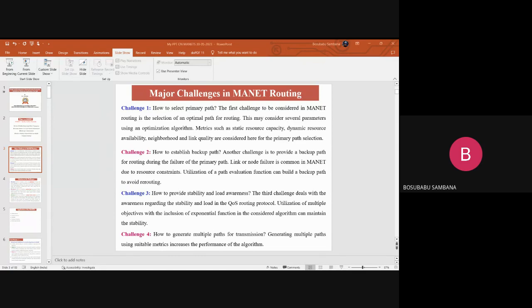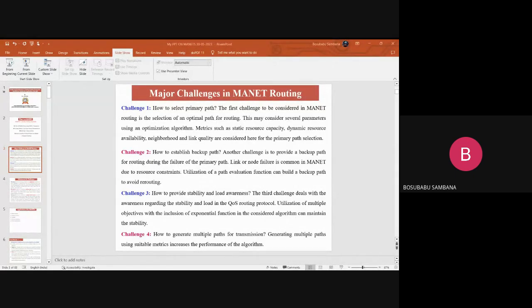The main thing is to generate multiple paths for unavoidable reasons, if an existing path is delayed or fails for many reasons. In that case, multiple paths offer a better alternative way of transmitting the data. Generating multiple paths is utilized in data transmission, and it sustains the performance of the algorithm.